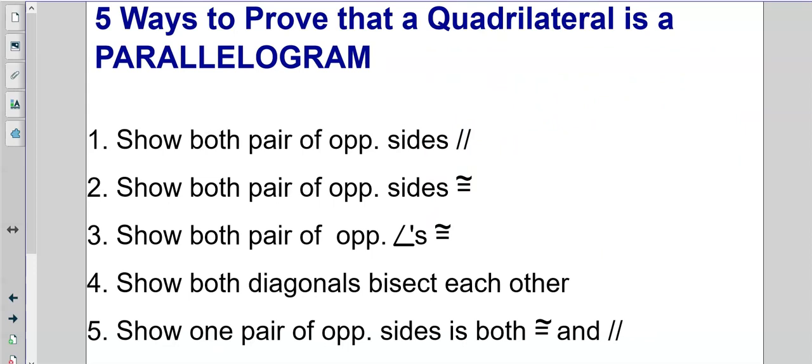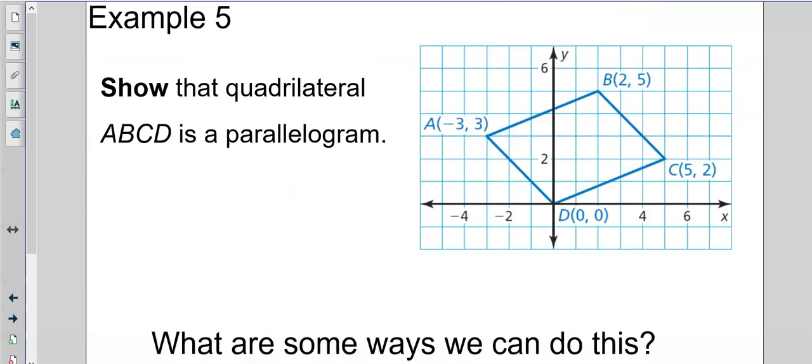Show the diagonals bisect each other. So if we measured from here to here and from here to here, and we found out that this equals that and that equals that, in other words, this is the midpoint of both lines, we would prove that it's a parallelogram.